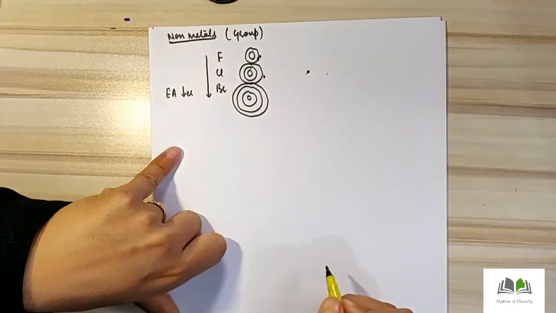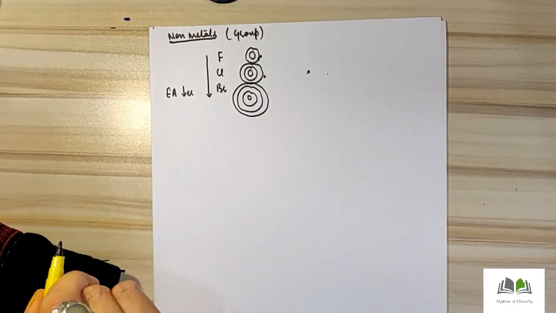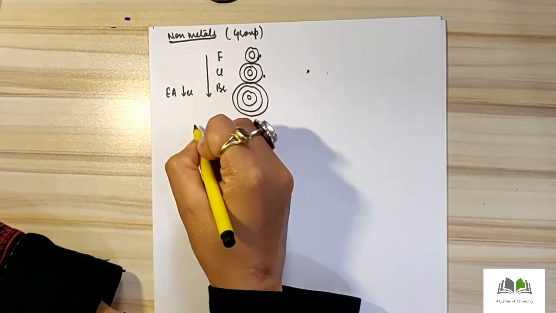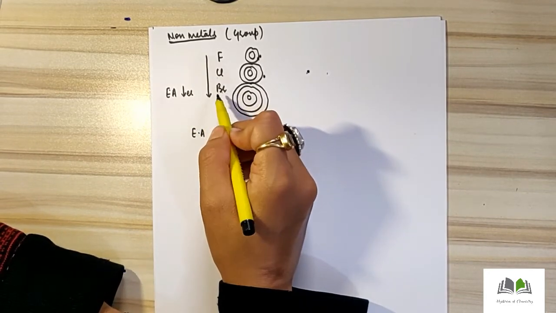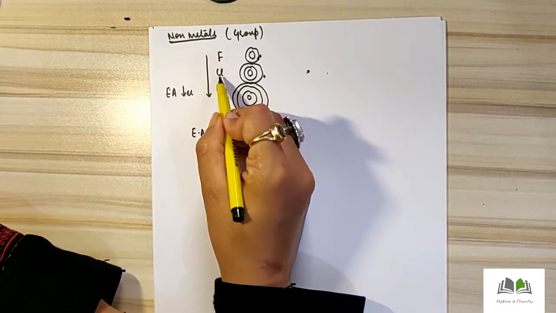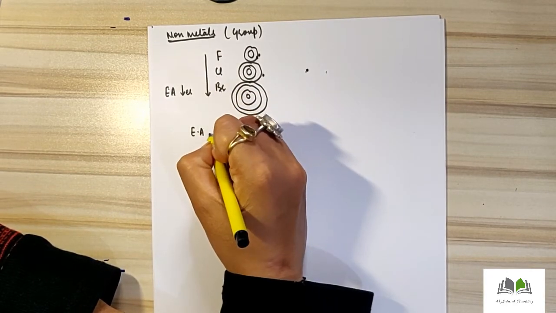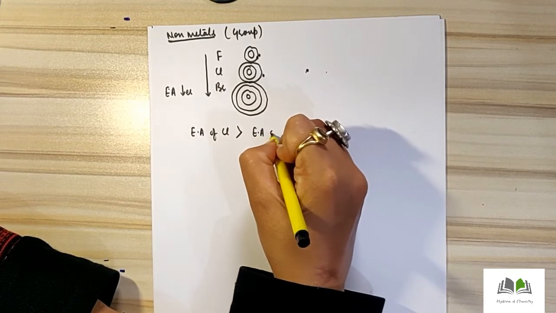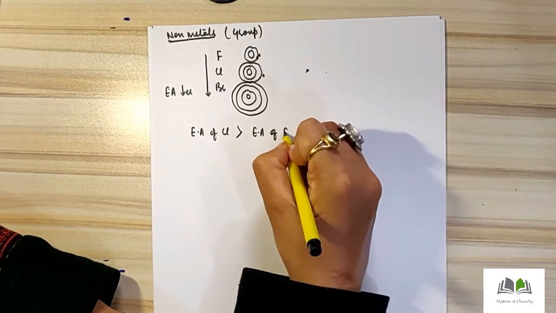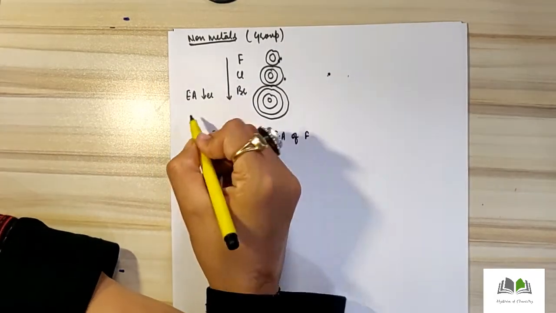So the general trend is, as we move from top to bottom in a group, the electron affinity values decrease. Now there is an exception that we have to consider, and it is very, very important. It is generally noted, especially in case of non-metals, that the electron affinity value of chlorine is more than the electron affinity value of fluorine. So it is an exception that you have to remember.